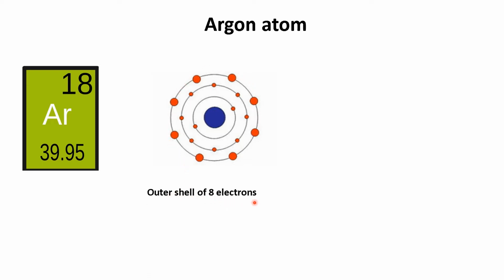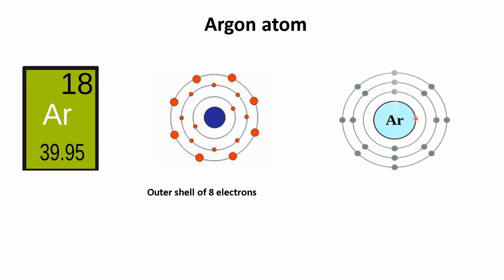The outer shell has 8 electrons. When we add 2 plus 8 plus 8, we get 18. Argon, with atomic number 18, is written as 2,8,8. It is stable, and this stable arrangement of electrons makes the group 8 elements unreactive.